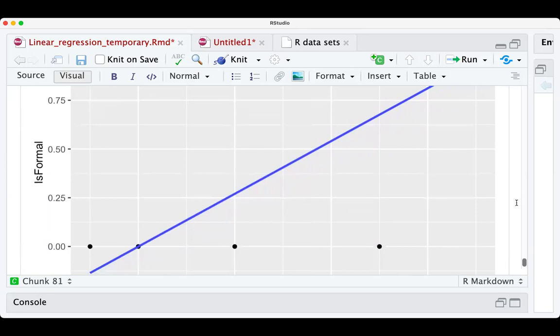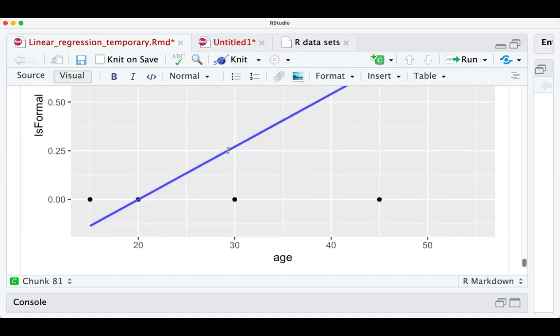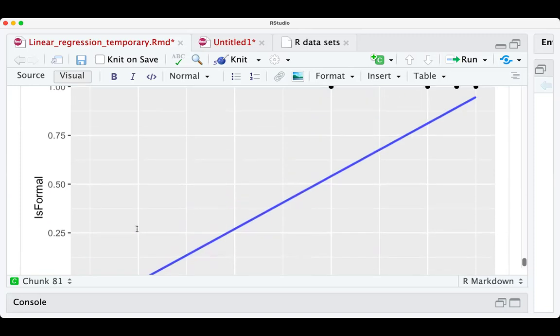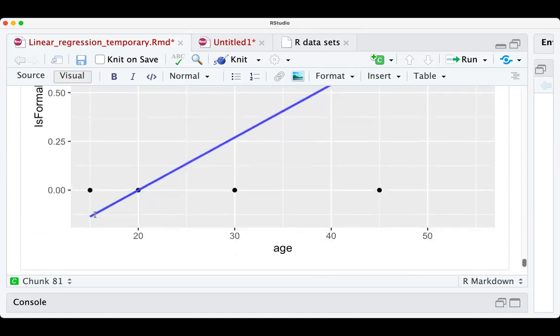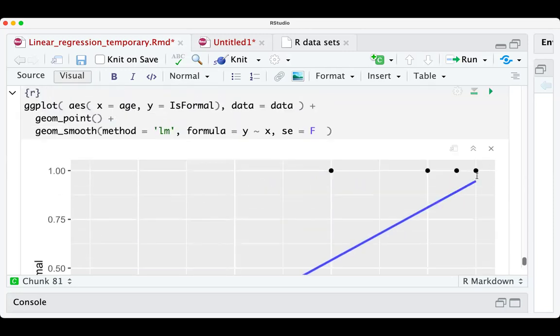Is formal is a variable which is either 0 or 1. Here the line gives you values that are not only 0 and 1. Moreover, most of the time they will be less than 0 or greater than 1.